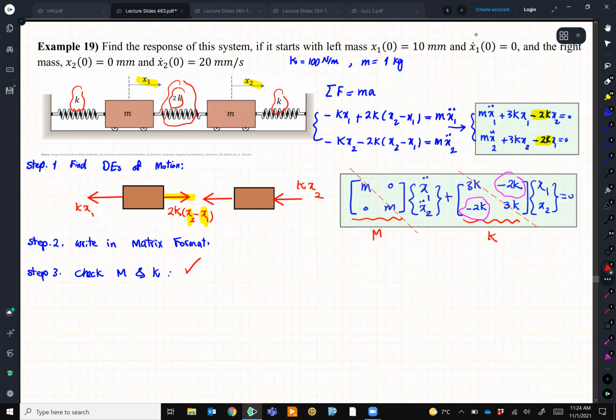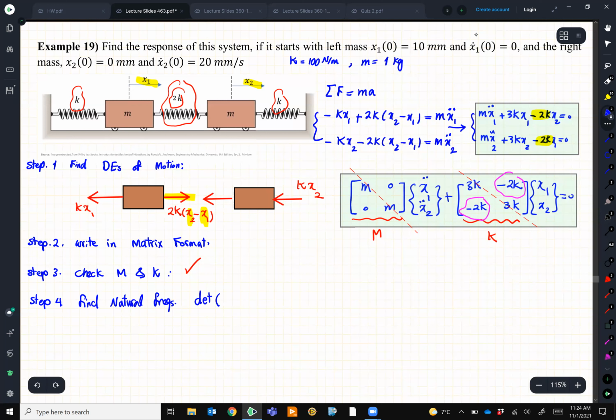Step number 4, find natural frequencies. To find the natural frequencies, we have the equation: determinant of K minus omega squared M equals 0.